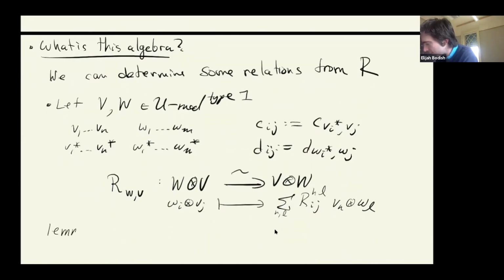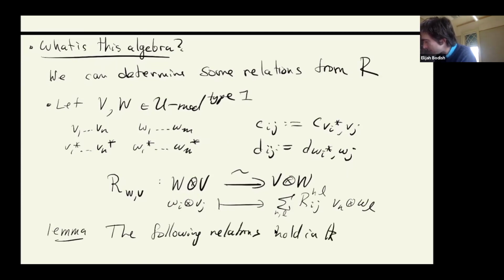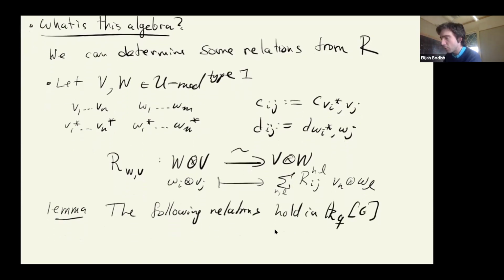Just notice then the following lemma says the following relations hold in this ring of matrix coefficients, my quantized coordinate ring.